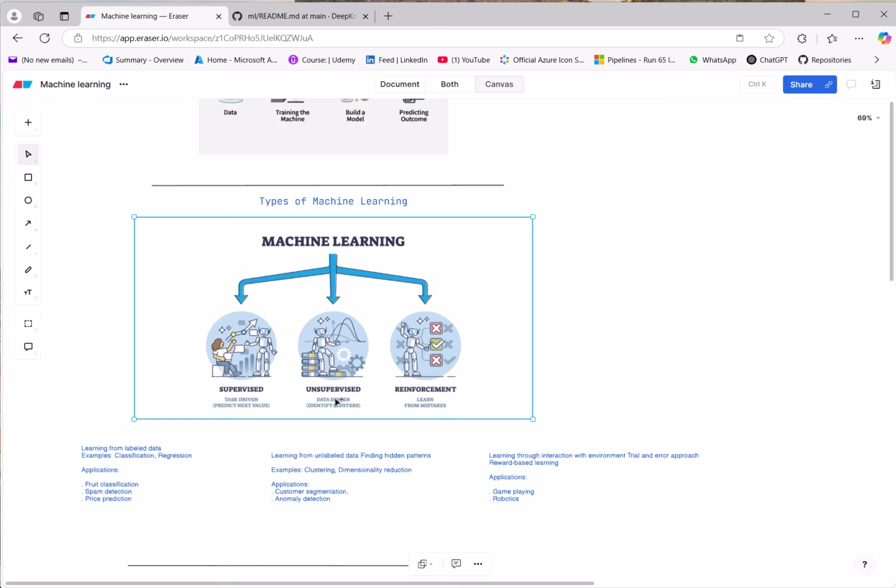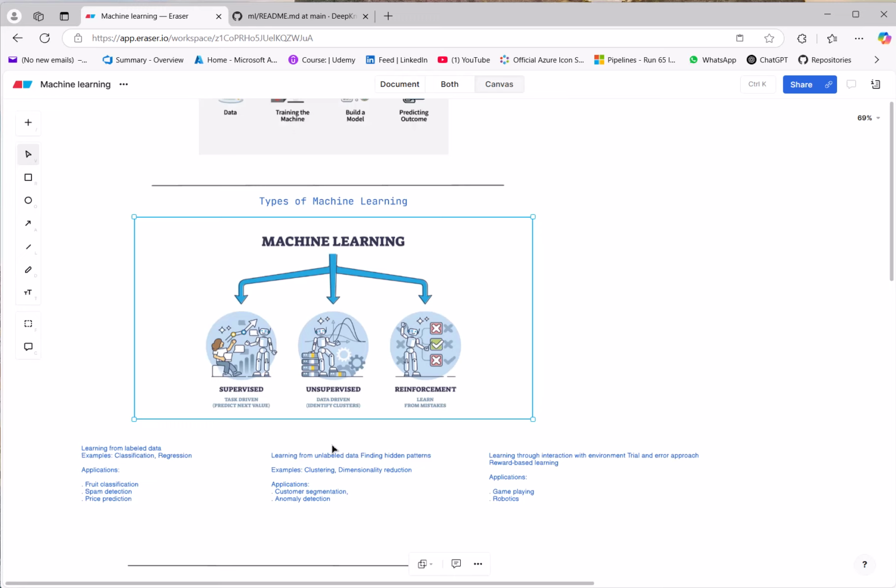And let's move to unsupervised learning. In unsupervised learning, we don't have any class label. The idea here is to find hidden patterns in the data and try to group all similar things in the same group. For instance, let's assume you have a set of fruits: apple, orange, carrot, and some others.